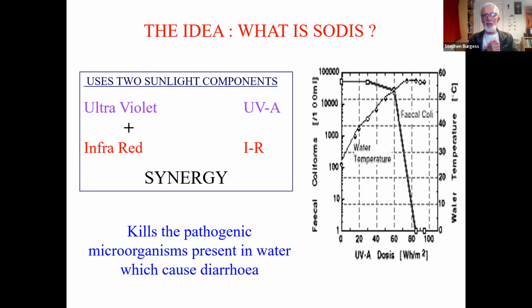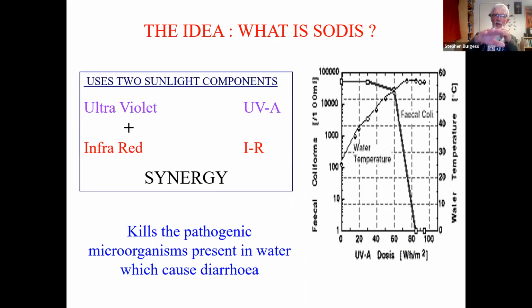So can you see that little graph there? The graph is measuring the number of fecal coliforms present in the water during the process of SODIS during the day, and you can see the coliform count during the sunlight, with the UVA dose along the x-axis.